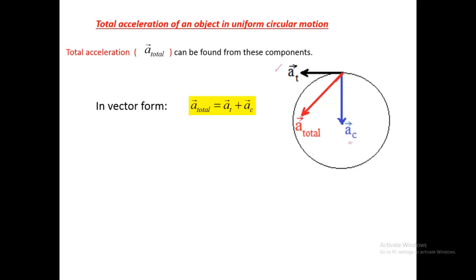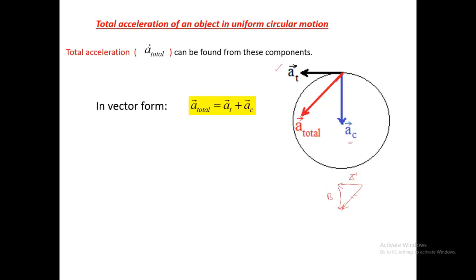Now you have seen that when you have two vectors, this is A, for example, you add them with the head to tail rule, bring the beginning of the second on the end of the first, and join these two vectors. So this is your resultant.